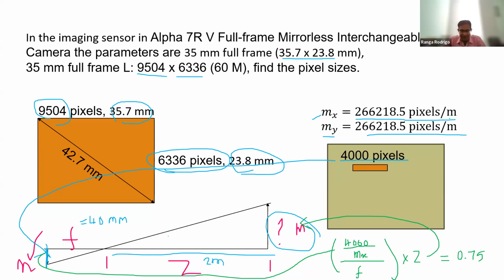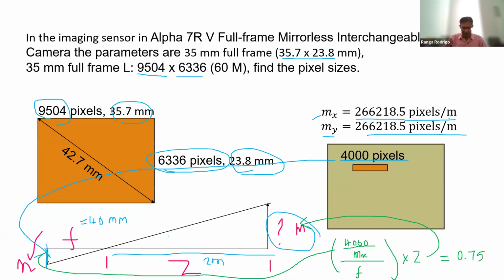It's not correct because I have to convert everything into meters and do it. Let me do that. 4,000 pixels divided by 266,218.5.